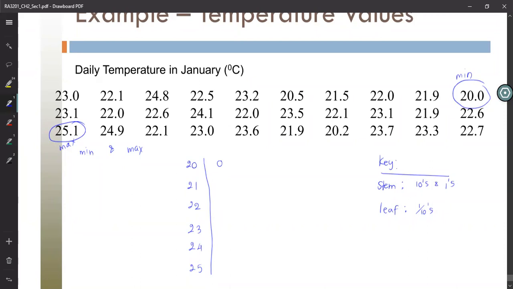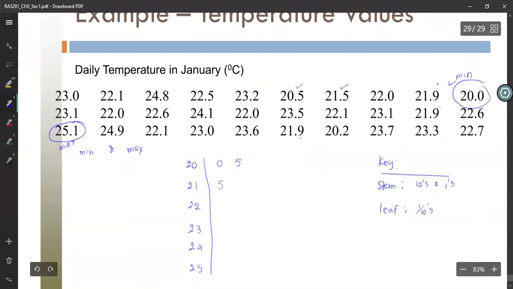For 21, there are 2. So 20 we did. We have 20.5. Then 21, we have 21.5, and 21.9 3 times.